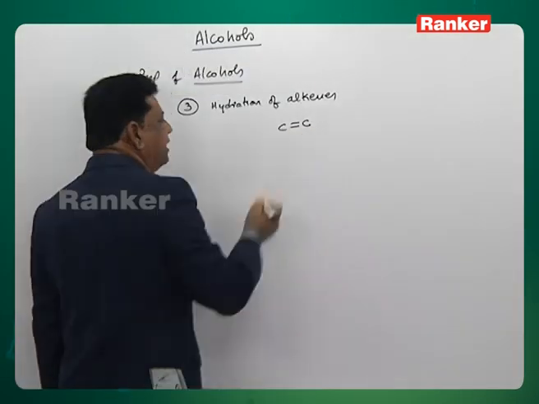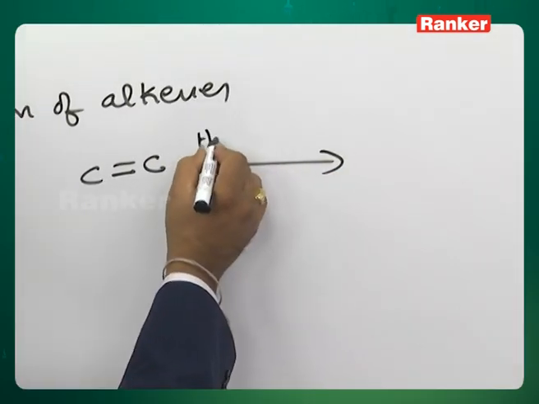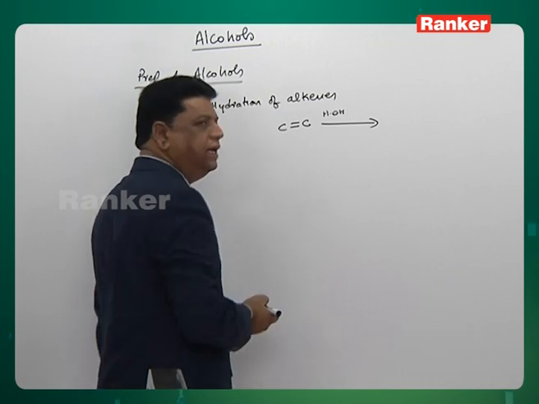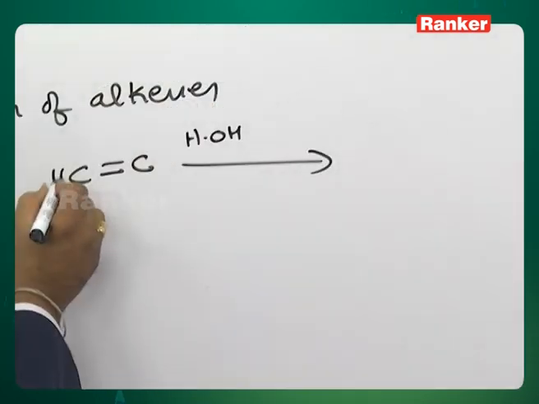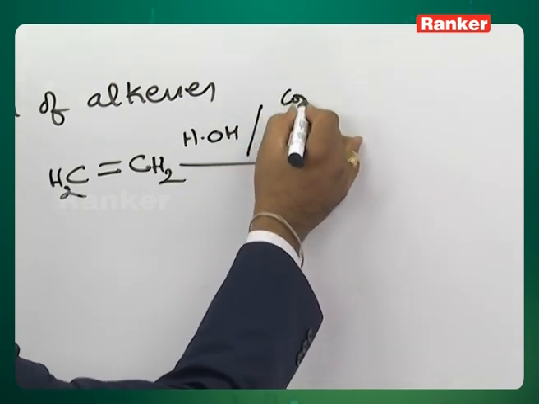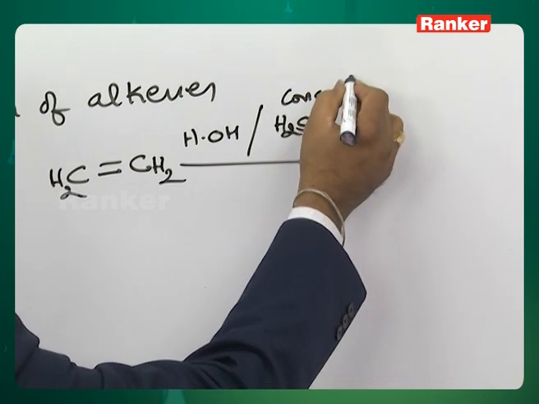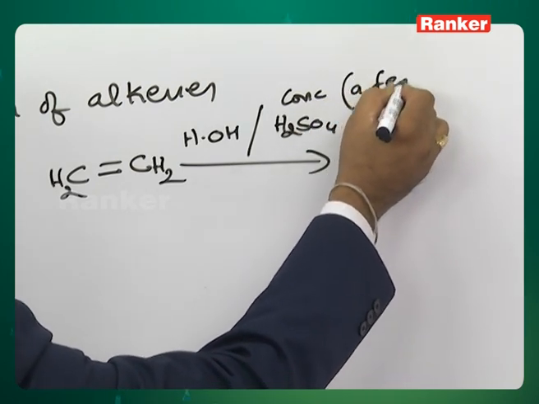The simplest alkene, if you take ethylene, add HOH. However, only water on ethylene has no action, but if you have a catalyst like concentrated sulfuric acid, a few drops is enough.